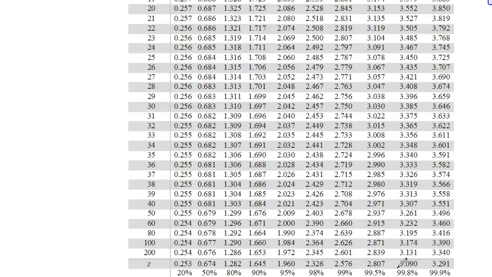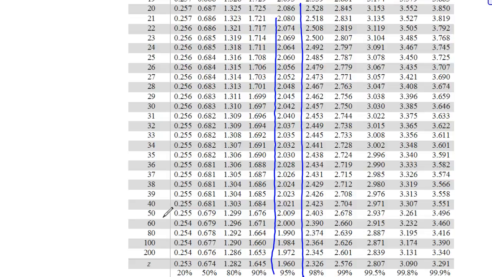Okay, I'm looking at a 95% confidence interval, which is in this column. I have 58 degrees of freedom. Well, 58 is not on here. I've got 50 or 60. I go to the one below what I need. So I'm going to go to the 50, and I'm going to use a 2.009.